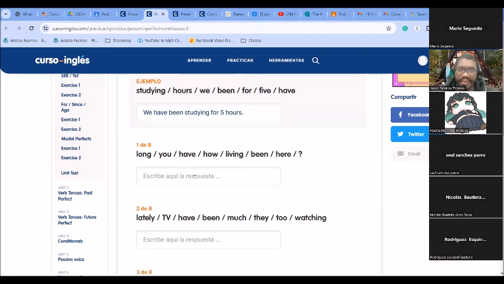Good. But we always have to start with the question word or the helping verb. What's the question word here? How long? How long? Then your helping verb. Have.